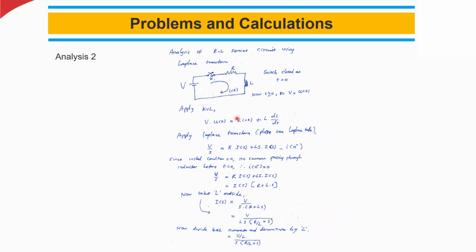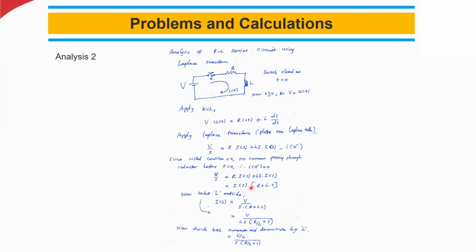What we did was we first wrote the KVL equation in the time domain, then applied the Laplace transform and converted it, and then applied some mathematical simplification. In this equation I assumed there is an initial voltage in this inductor, but later I assumed there is no initial voltage, so I ignored this term.